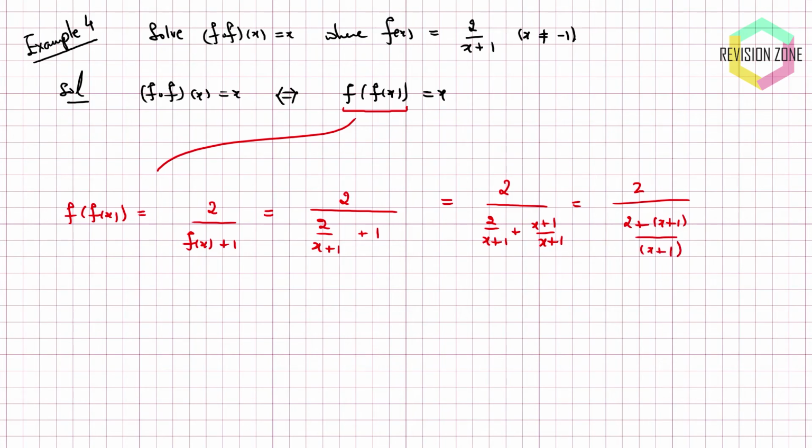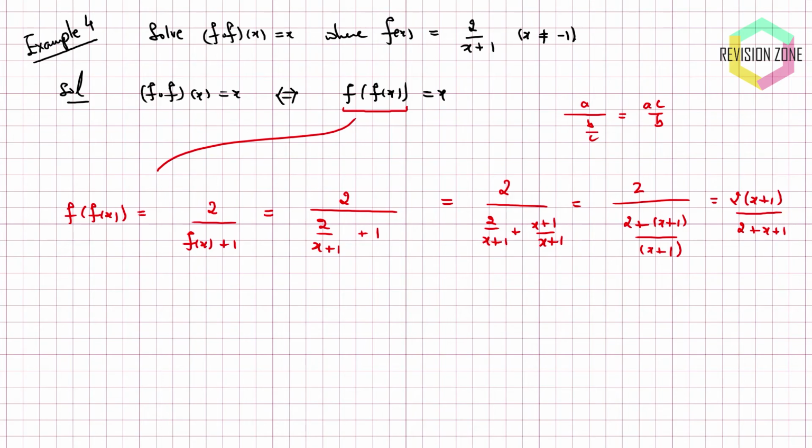This is standard algebra: when we have something of the form a over b over c, we can flip that to say ac over b. So I'm just going to have 2 times x plus 1 all over 2 plus x plus 1, and I need not worry about the brackets in the denominator.